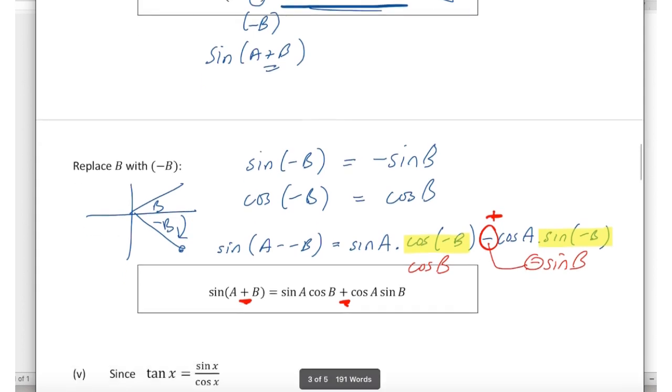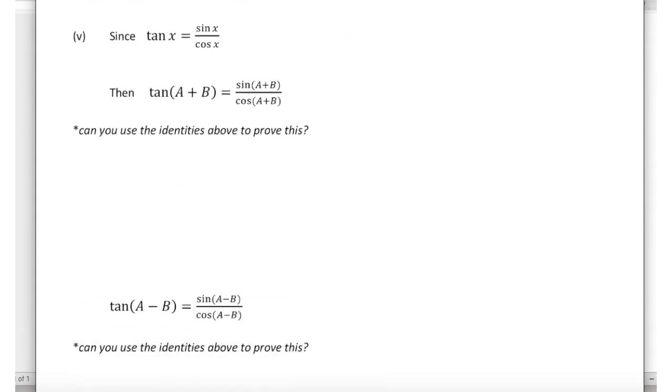If you would like a bit of a challenge, have a go at deriving the identities for the tan of angle A plus angle B or tan of angle A take angle B, using the fact that we know the tan of an angle is the sine of the angle over the cosine.